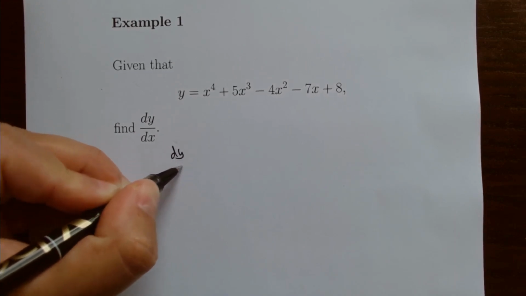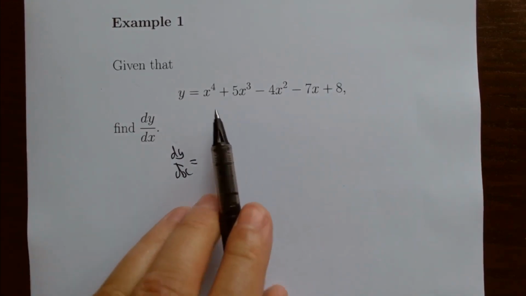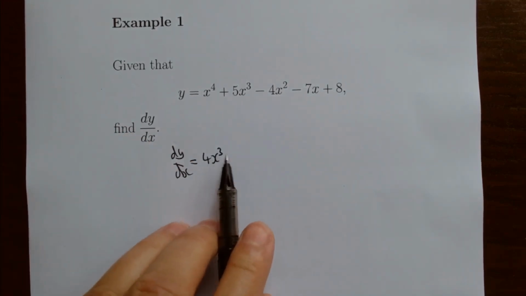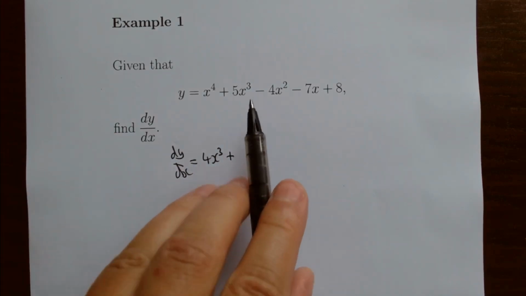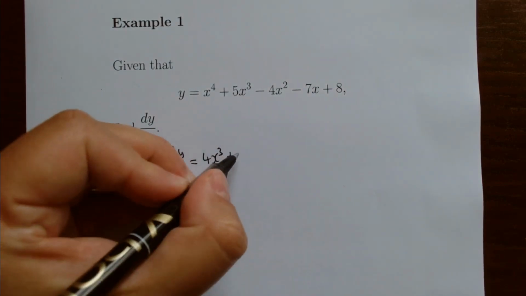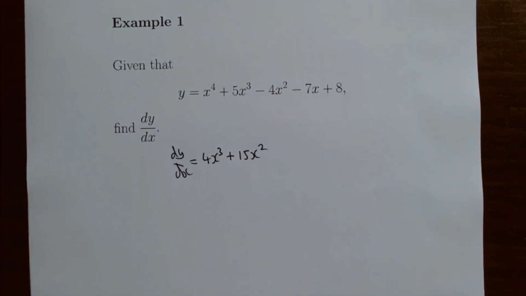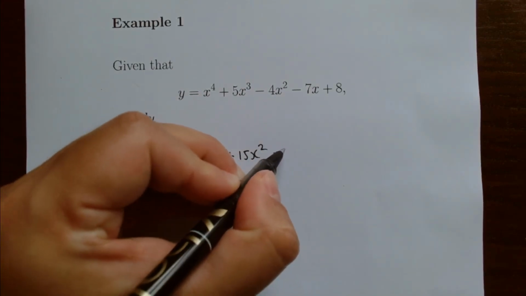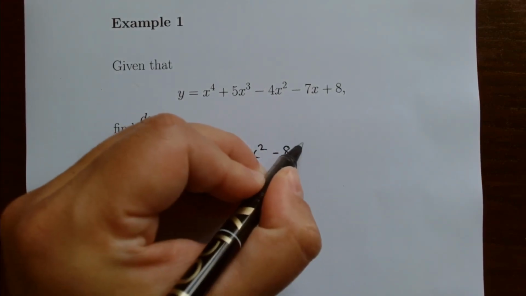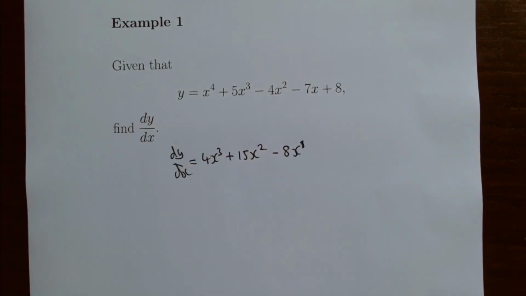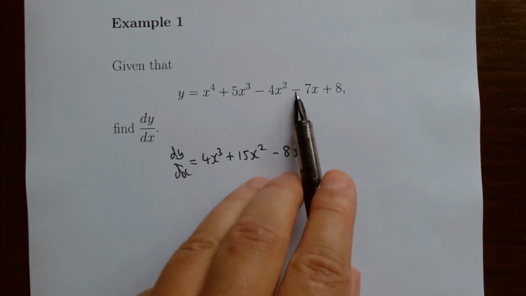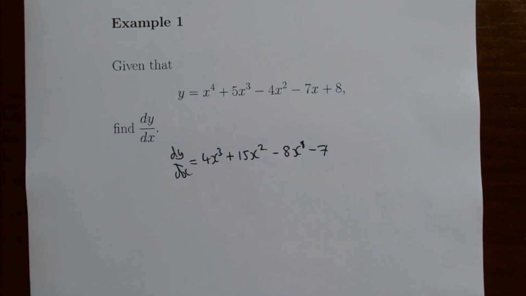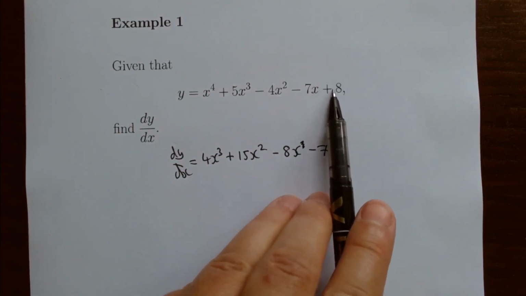So we have dy dx equals, now the 4 comes down and minus 1 of the power, plus the 3 multiplies the 5 to give you 15x squared. The 2 comes down, multiplies the 4 to give you minus 8x. And then the minus 7x, that's the constant term, becomes minus 7. And the plus 8 is a constant term, that becomes 0.